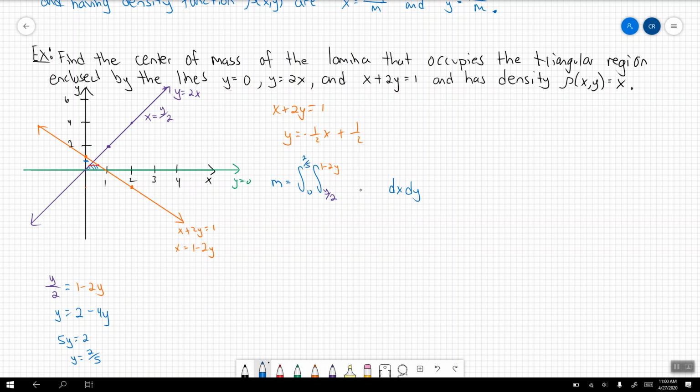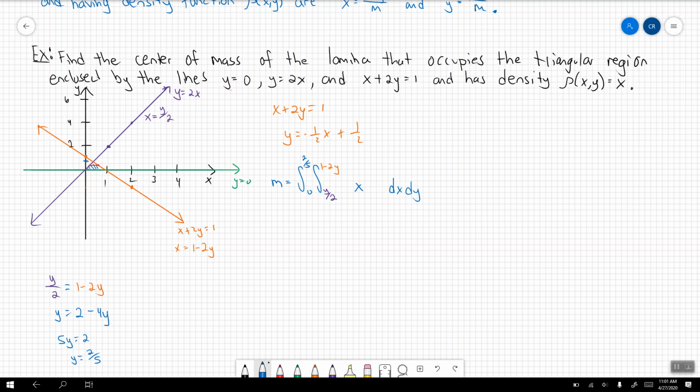And if we were to leave it blank just like this, we would be finding the area of that region. But we're not trying to find the area, we're trying to find the center of mass. In order to do that, we need to integrate the density within that region.